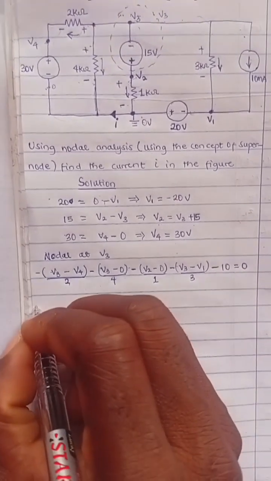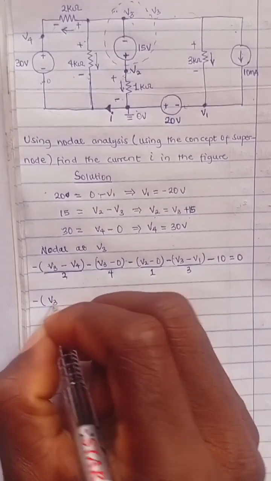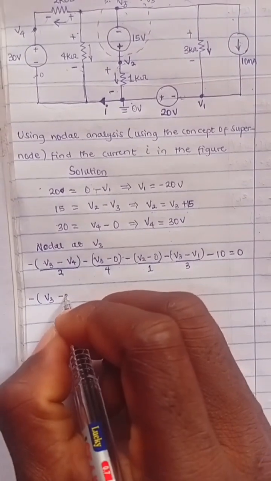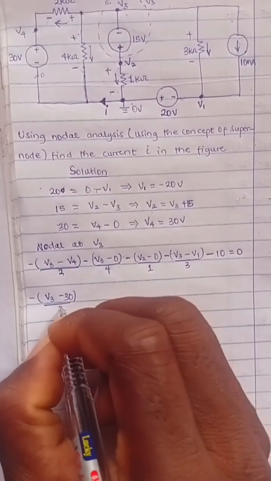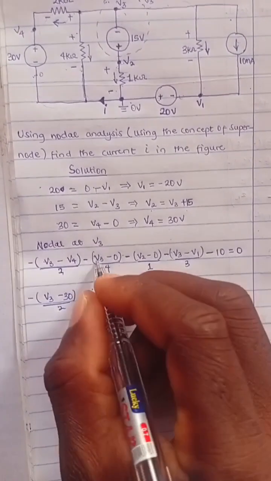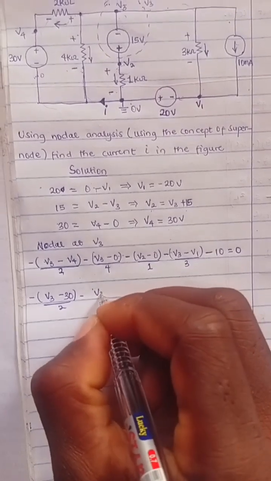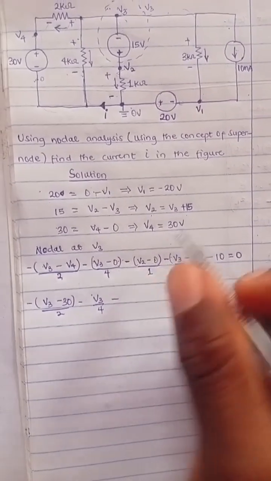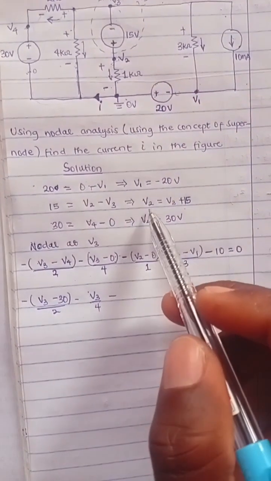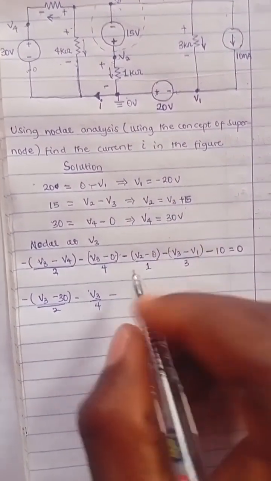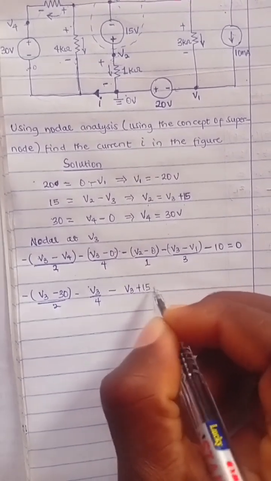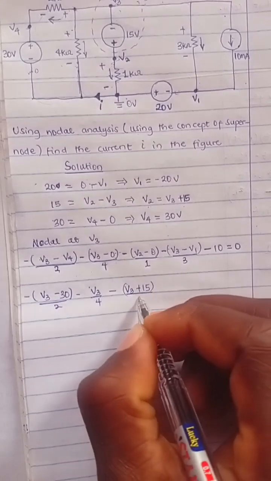So substitute, we have minus V3, which is unknown, minus V4. Remember, our V4 from here is 30. That's minus V3 minus 30 divided by 2, minus V3 minus 0, which is just V3 over 4, right? Then minus V2 minus 0. Now remember V2 here we said is equal to V3 plus 15. So that will be V3 plus 15 divided by 1, right?